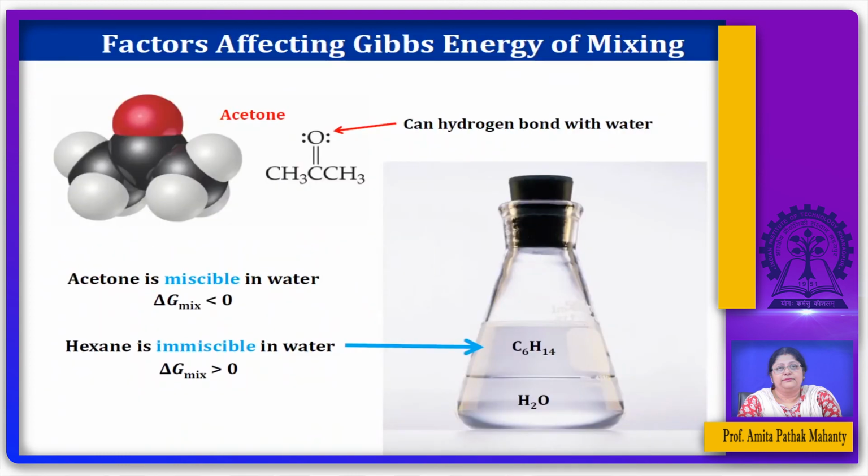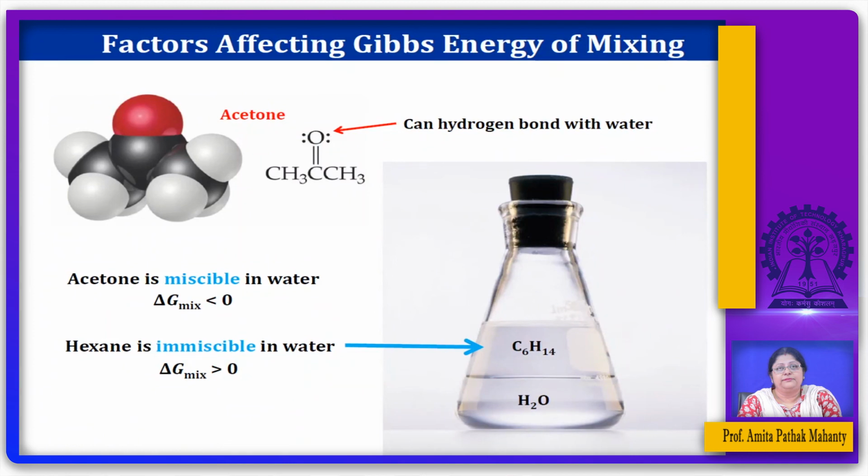Now, how is the Gibbs energy affected? If you look into a molecule, suppose acetone, you have free lone pairs. These go and interact with the water molecule, then what will be the delta H value? So when you are talking about whether acetone is miscible or immiscible in water, we have to find out the delta G mix, and then you will see that acetone and water mix spontaneously.